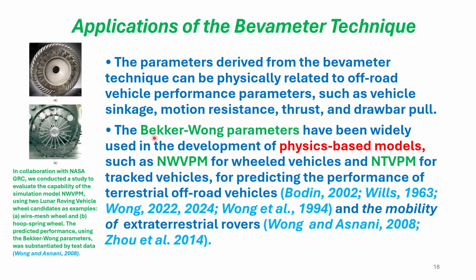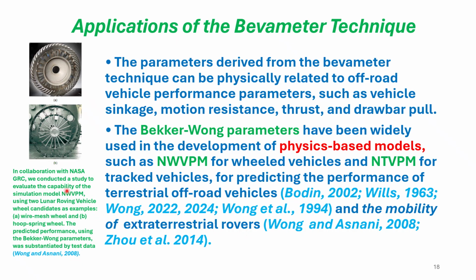The Bekker-Wong parameters have been widely used in the development of physics-based models, such as our NWVPM for wheeled vehicles and NTVPM for track vehicles, for predicting the performance of terrestrial off-road vehicles and the mobility of extraterrestrial rovers.